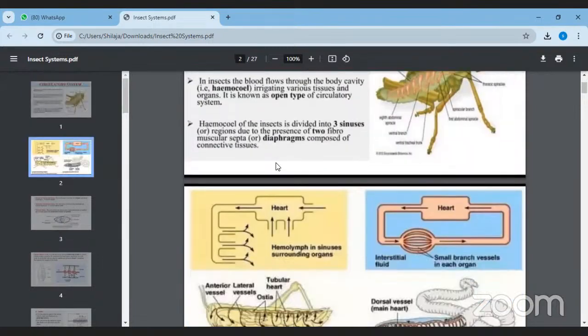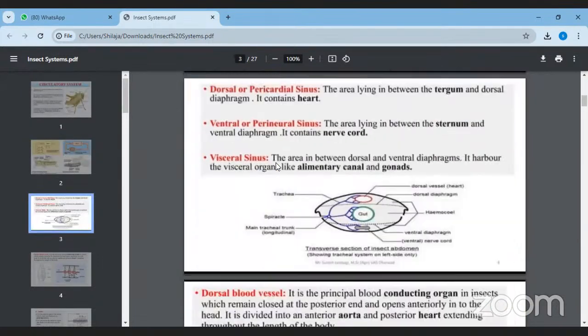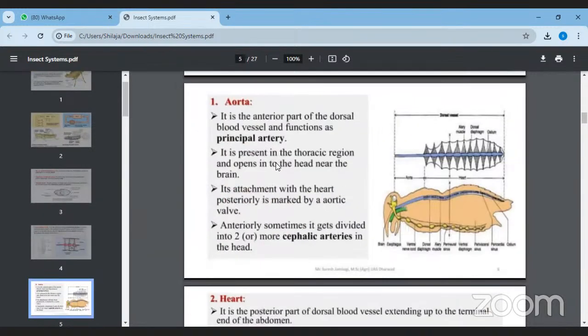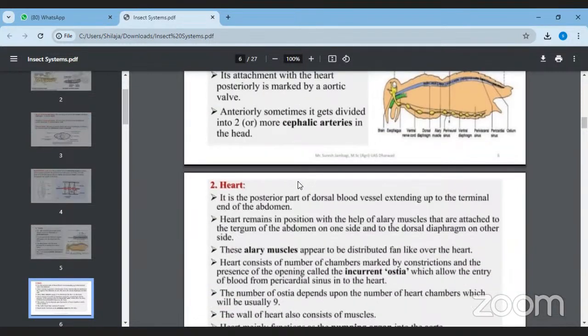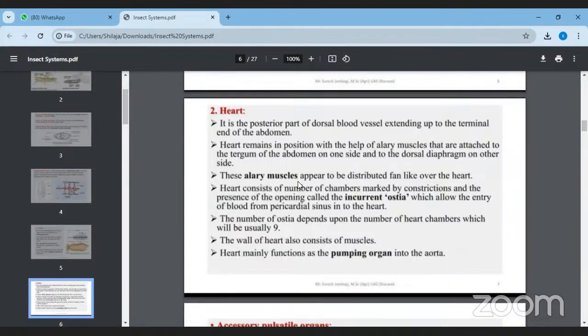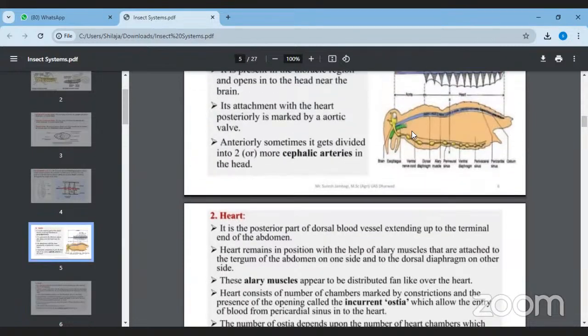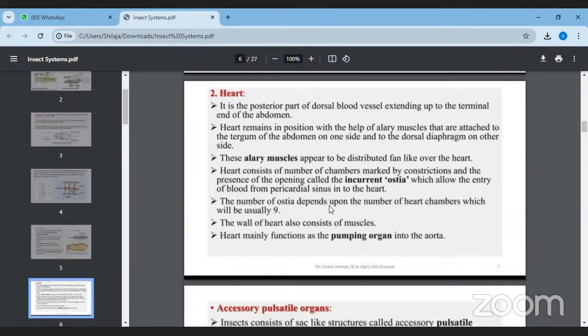We can also discuss the aorta, the anterior part of the blood vessel, which plays an important role carrying blood with the two cephalic arteries. The hearts are suspended with the alary muscles. Then the main functions of the pumping of the heart, and how the ostia help in carrying oxygen into the body.